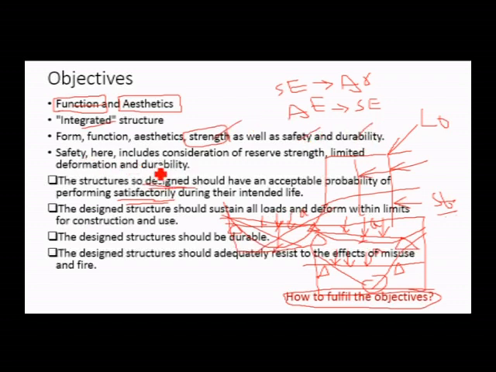Safety and durability include the consideration of reserve strength, and we should look at the intended life of the structure, and all loads should be considered. In critical areas such as fire, gas or fireworks buildings, we should take important considerations to fulfill the objectives.